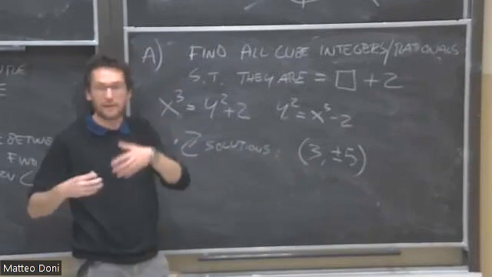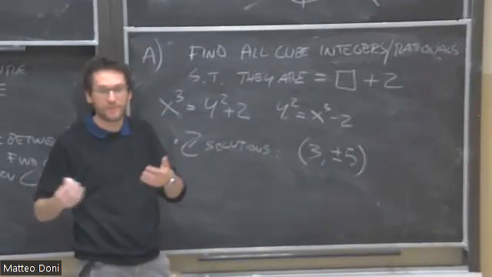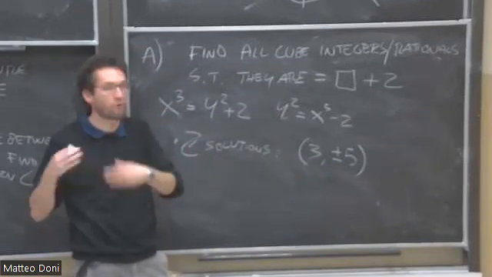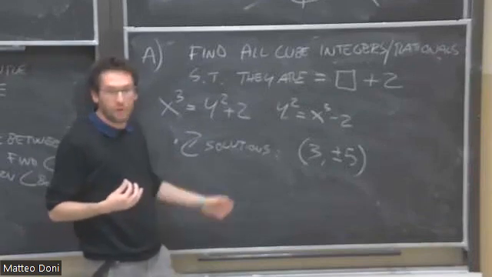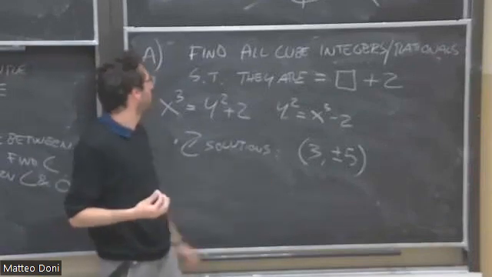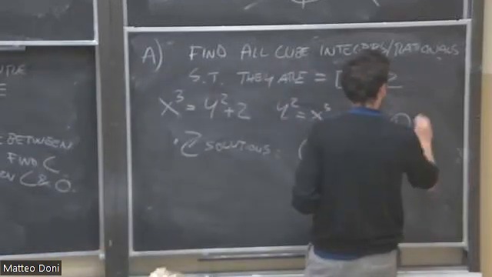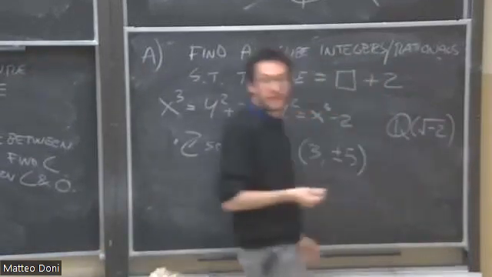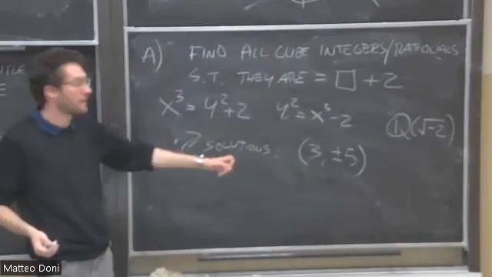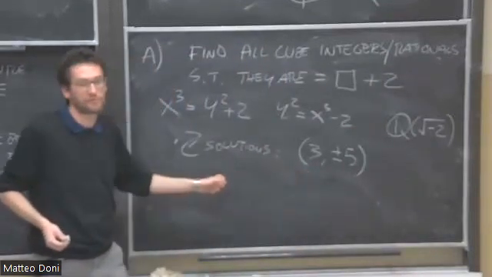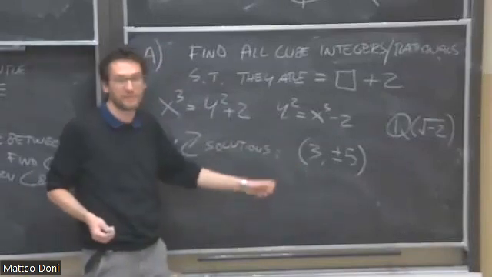You can do this by only using standard algebraic number theory, working in this field. If you work in this field, then you can obtain that the integer solutions are just these ones.